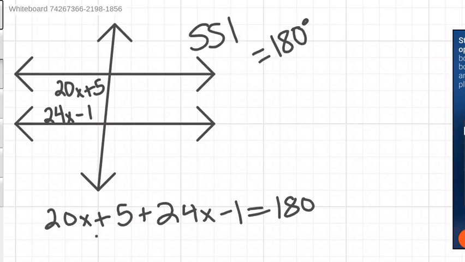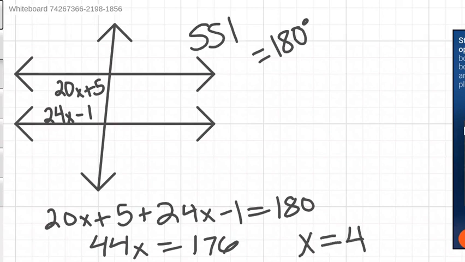That's 44x is equal to 176. X is equal to 4.